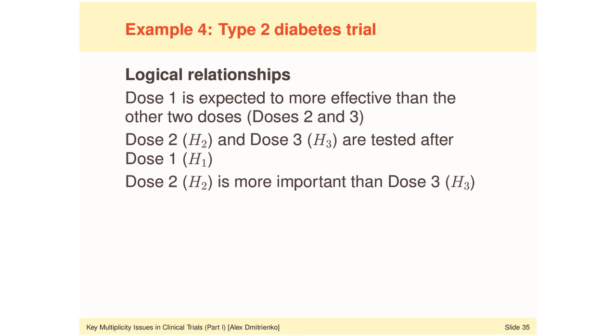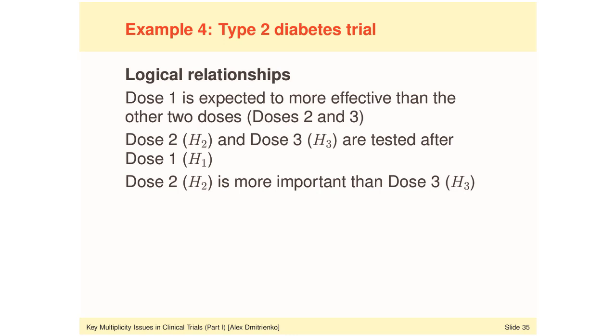And then secondly, after a significant treatment effect is established at dose 1, which is once again the high dose, then the other 2 doses, doses 2 and 3, will be tested. And finally, when those doses 2 and 3 are tested, dose 2, which is the medium dose, is more important. It is more promising than dose 3, which is the low dose.